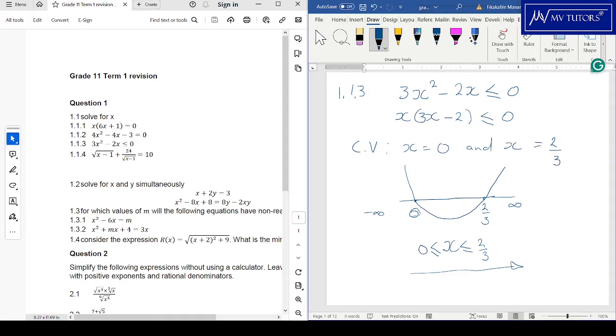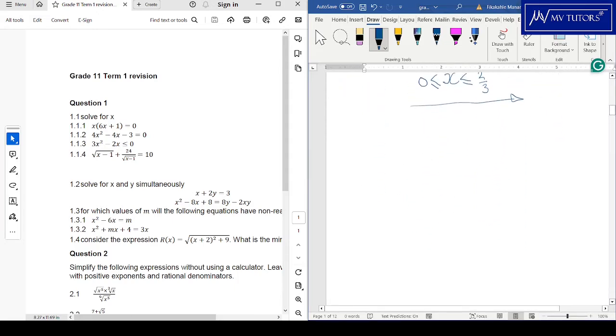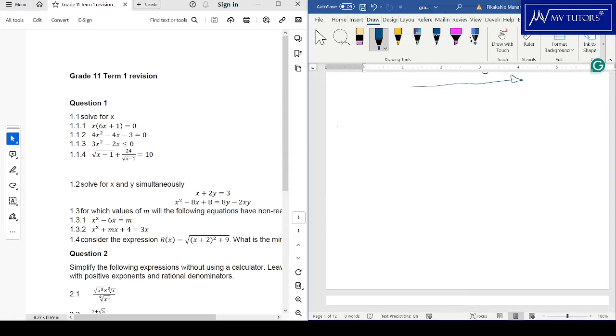Okay, now moving on swiftly to the last question of question 1, which is now 1.1.4. Now I have the square root of x minus 1 plus 24 over square root of x minus 1 is equal to 10.